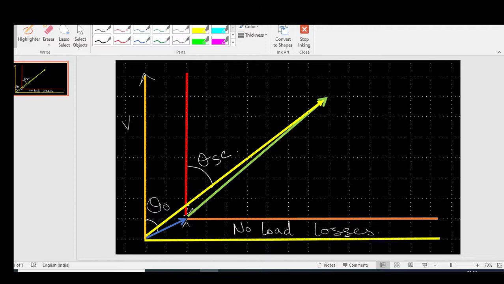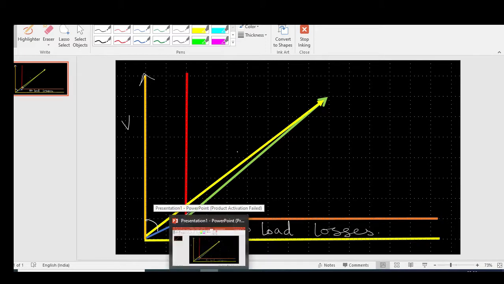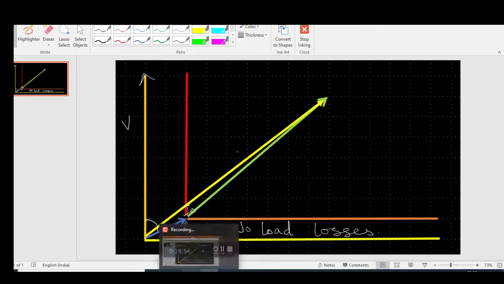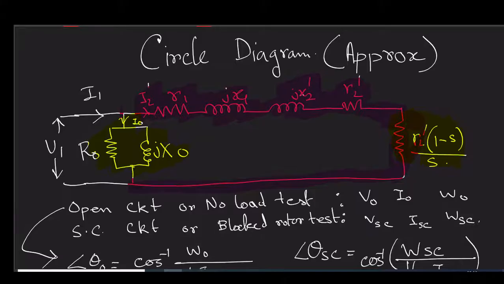Anyway, without making it more complicated, let us see how this will give us the shape of the circle. In order to understand that, I would like to request you to please go through my lecture on the circle diagram from when you were in third semester, when we shared a very cordial relation.